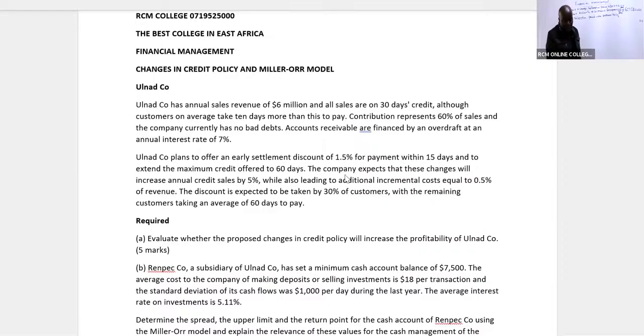The company expects that these changes will increase annual credit sales by 5%, while also leading to additional incremental costs equal to 0.5% of revenue. The discount is expected to be taken by 30% of customers. So 30% of the customers will pay within 15 days. 70%, who are the remaining, will now pay within 60 days.